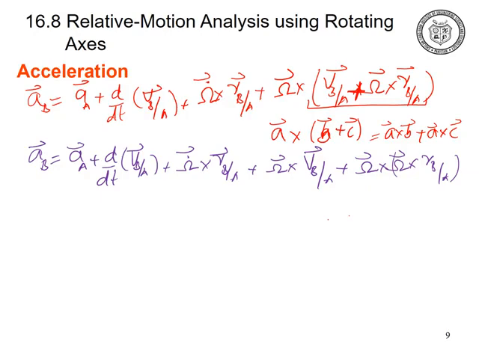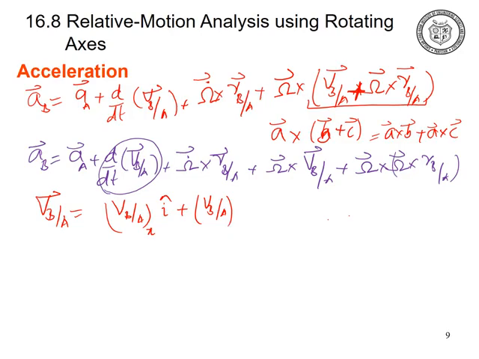In this equation, all the derivatives have been done except the derivative of v_B with respect to A. As we know, v_B with respect to A is equal to the x component times the i unit vector plus the y component times the j unit vector. So consider the above equation as equation A.